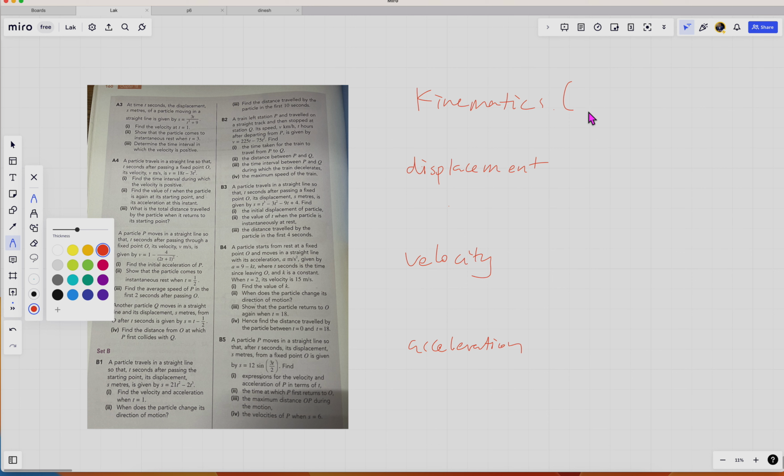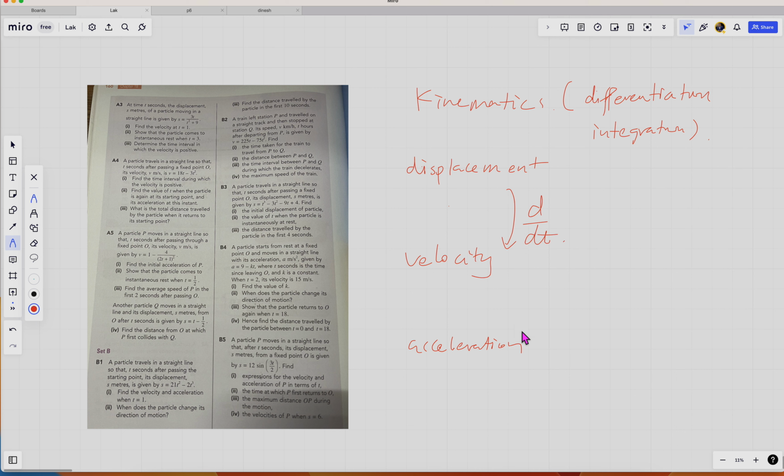But over here we use differentiation and integration for kinematics. So the rule is if you differentiate displacement with respect to t, you will get velocity. If you differentiate velocity with respect to t, you will get acceleration.